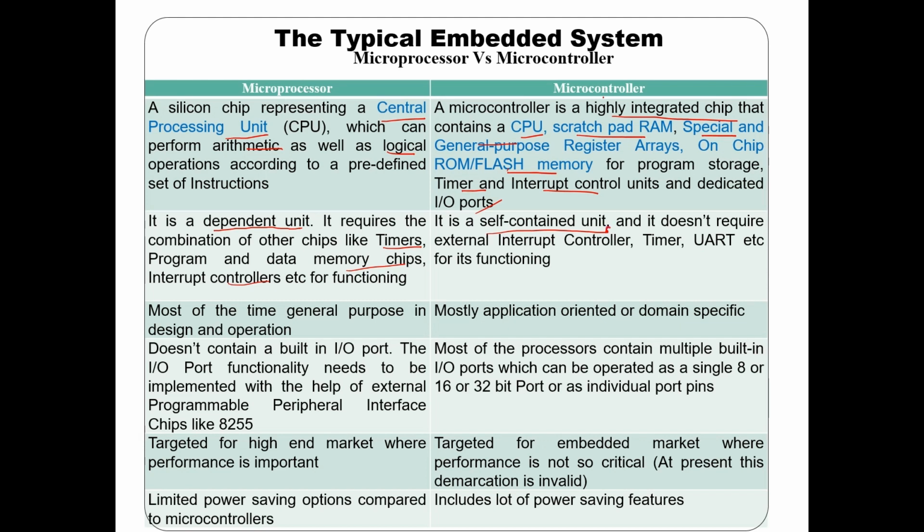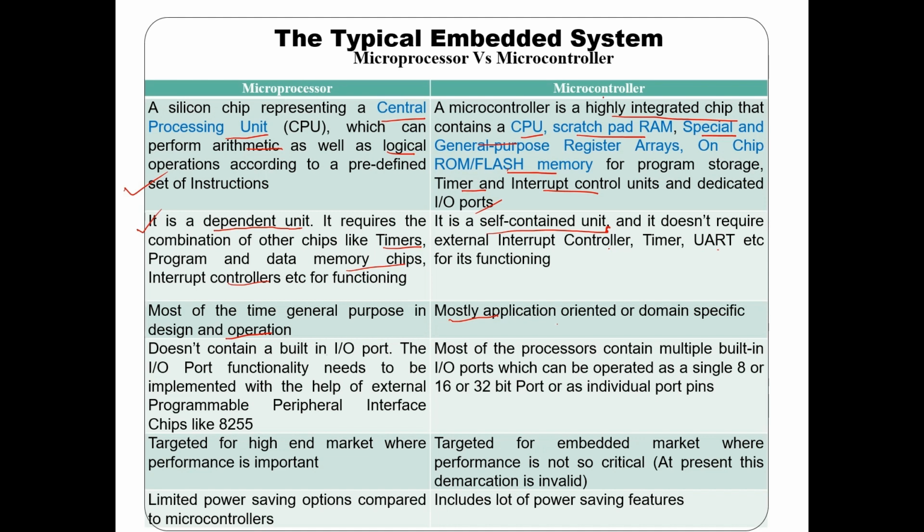It does not require any external interrupt controller, timer, UART, etc. for its functioning. The next difference: microprocessors are most of the time general purpose in design and operation. Whenever general operations have to be done, microprocessor based embedded systems can be used. The microcontroller is mainly designed for application specific use.